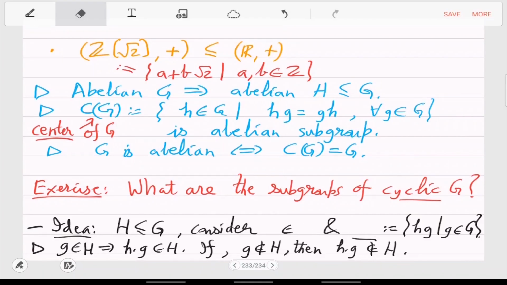Let's change it to this point of view. Consider G in G, and then GH is this.